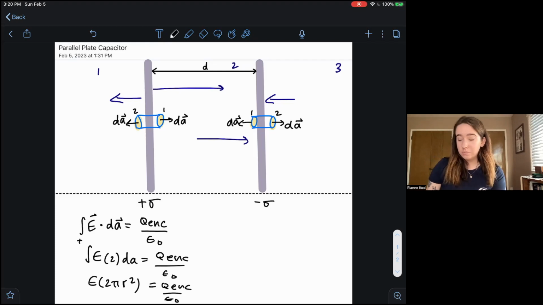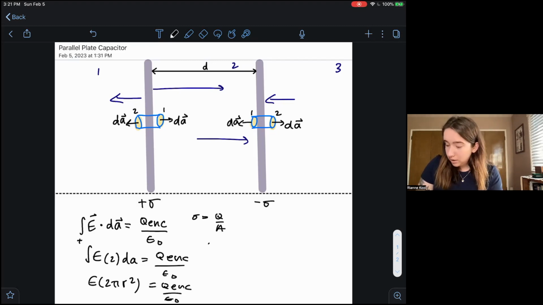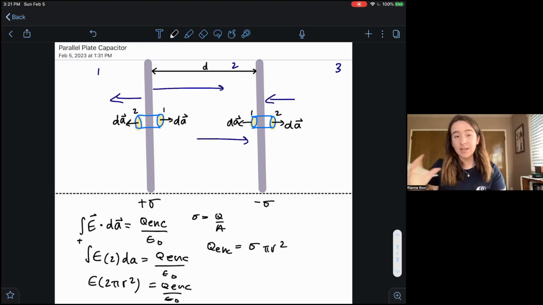And we've already decided that since sigma is equal to Q over A, our Q enclosed is just going to be sigma pi r squared, because that's the area of one of the circles.